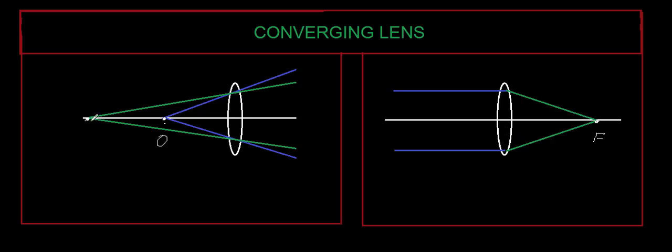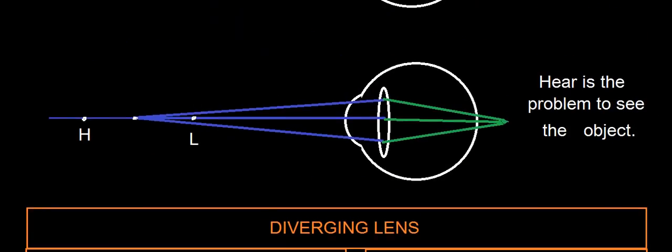So when you consider a point source, here the object, if you want to get the image away from the lens, then you go for a convex lens. This is called the converging lens. So in this example, the object is at this point.